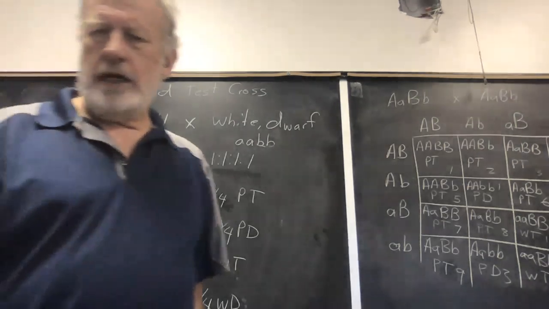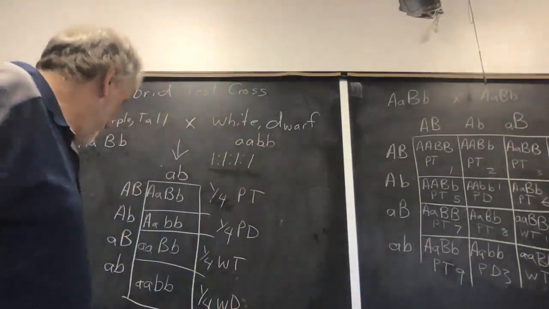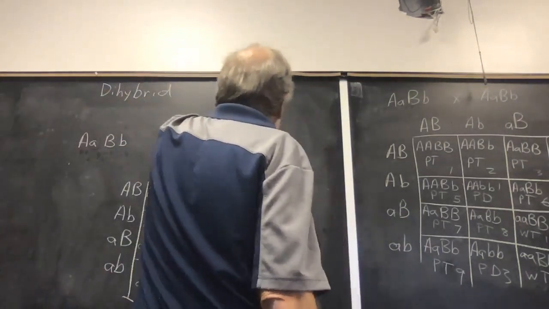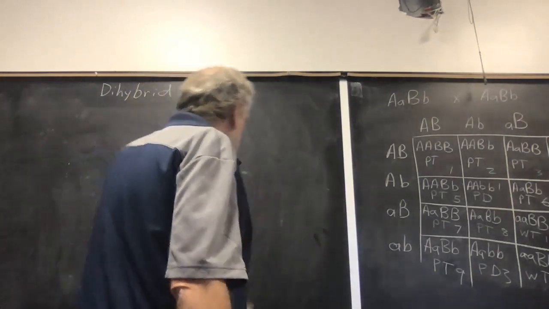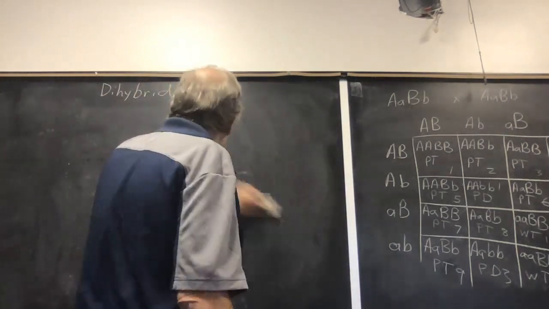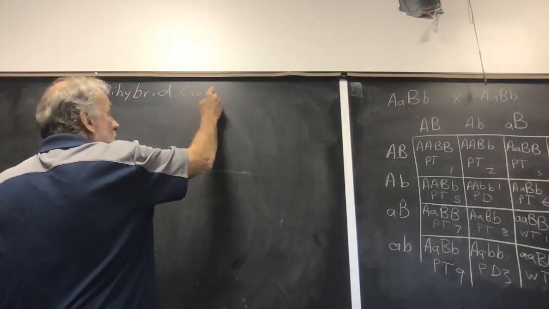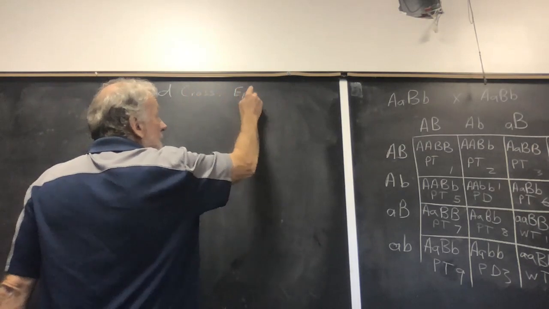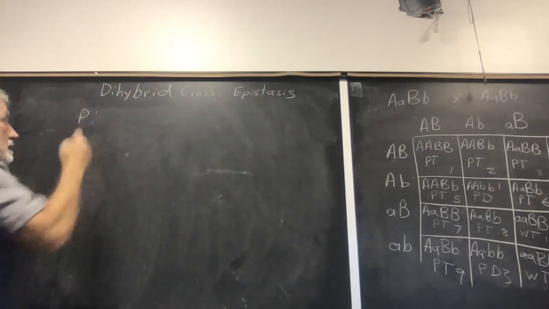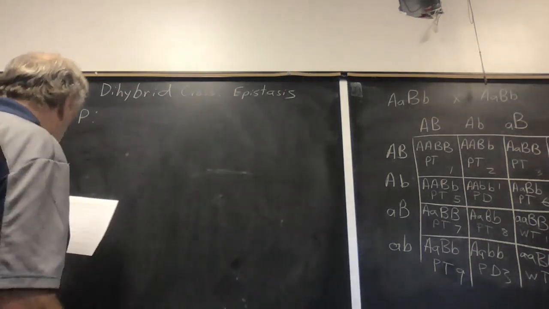Okay, let's try the dihybrid cross now that shows epistasis, where one gene is blocking expression of another gene. I'm going to take 2 strains of mice, a black strain and an albino strain.